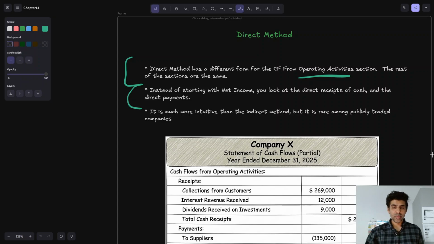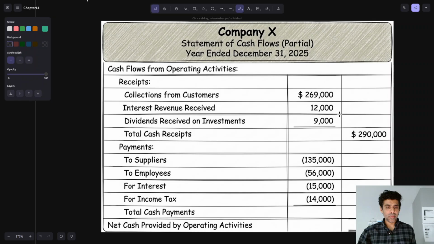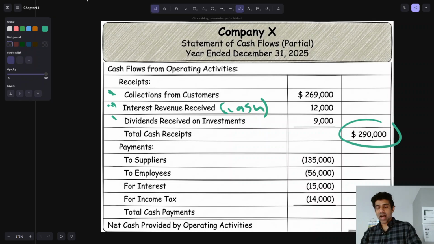It's much more straightforward to interpret. For example, receipts: collection from customers, interest revenue received, and this is again how much actual cash. Dividends received, how much actual cash dividends are received. So you have how much cash was total received, and then you have actual payments, not expenses. These are the actual payments you made.